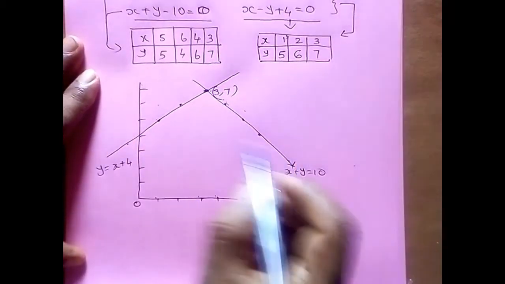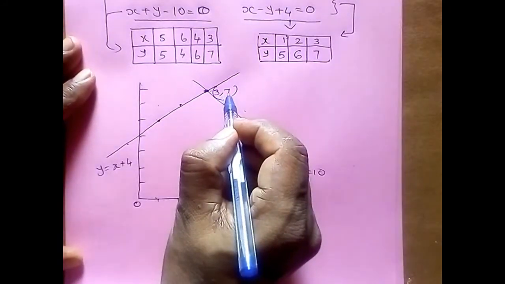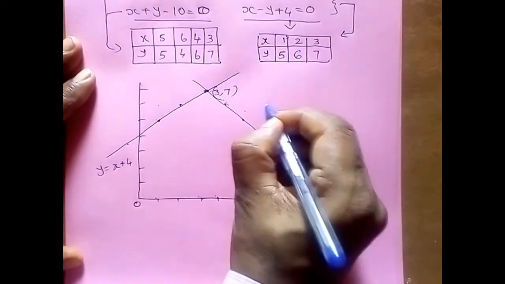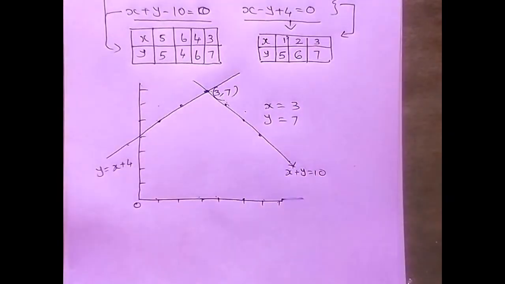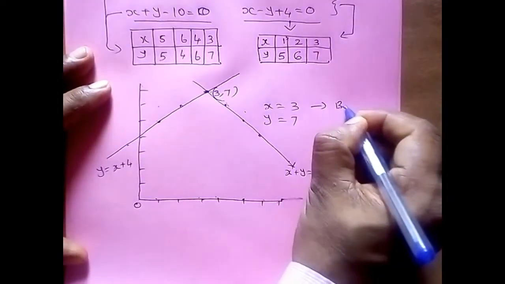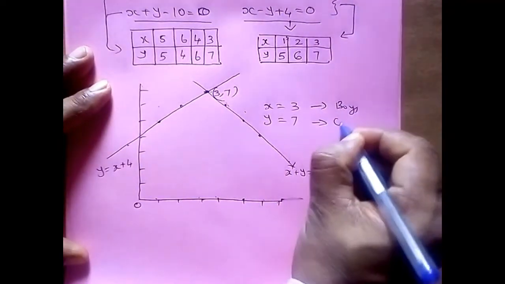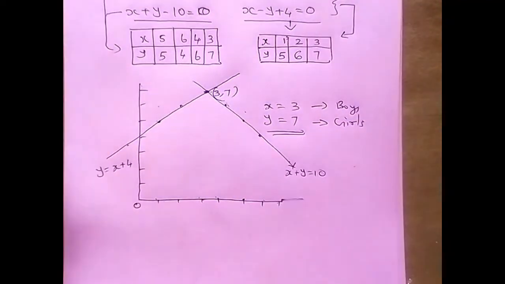It satisfies both the line equations. That means x is equal to 3 and y is equal to 7 will satisfy both the equations. That means the number of boys is equal to 3 and the number of girls is equal to 7. That is the answer.